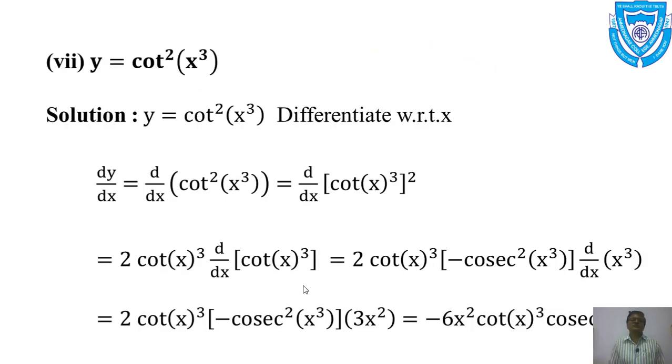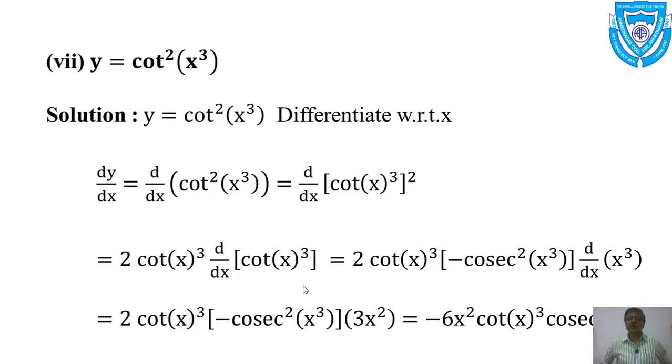Next sum is y is equal to cot square x cube. It is cot x cube bracket square. So square function is the last operation, last function. So we treat this as u square. Its derivative is 2u.